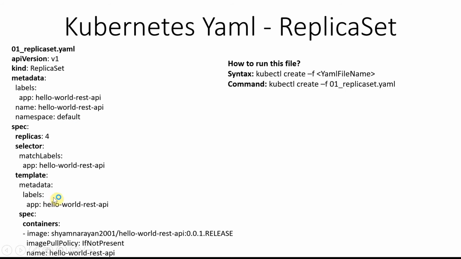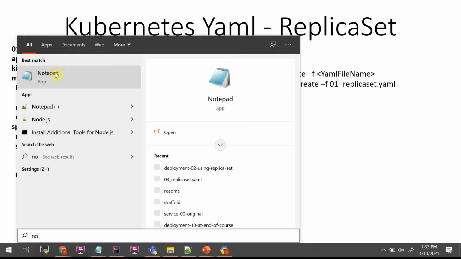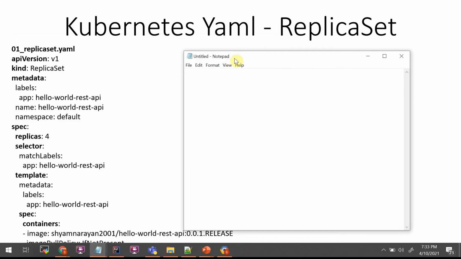So before going into this, let's understand the terminologies first, in any Kubernetes YAML files. Kubernetes has various terminologies which they call Kubernetes objects. I think we already saw most of the objects.